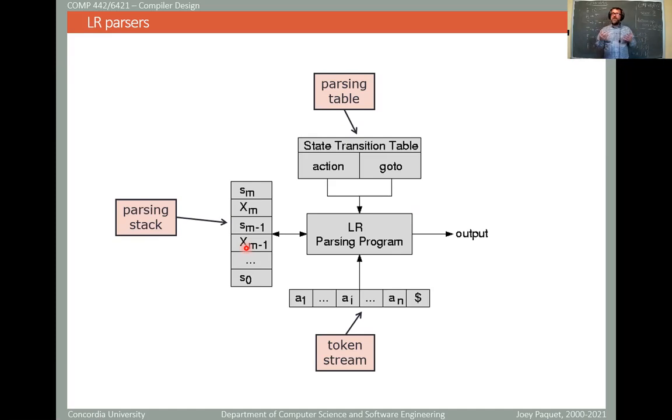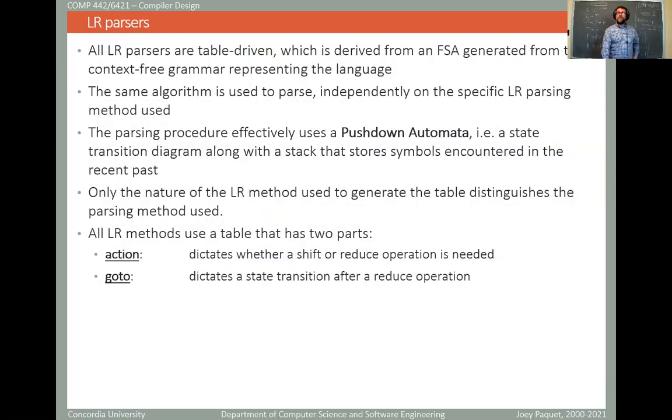Okay. So the parsing stack is somehow the memory of this parsing algorithm. It uses both the notion of a state transition as well as the notion of a stack or memory. So it's essentially a push-down automaton kind of solution, right?